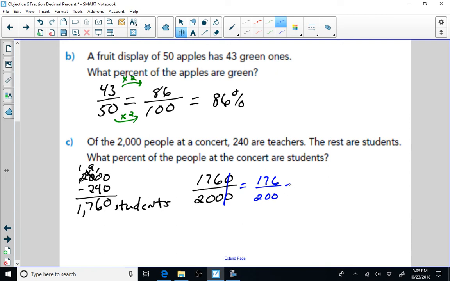176 over 200, we want to make an equivalent fraction with a denominator of 100 because the word percent means out of 100. So to go from 200 to 100 and make that equivalent fraction, we have to divide by 2. So the numerator of 176, we also have to divide by 2.